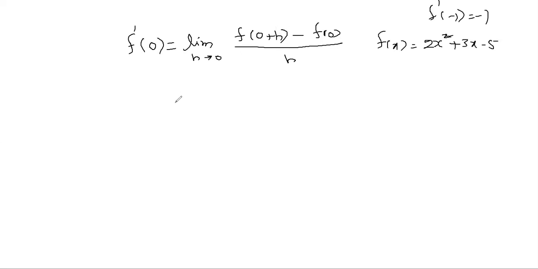So 0 plus h you can write h, no problem. So limit h tending to 0, 0 plus h means fh. So you can write 2h square plus 3h minus 5.